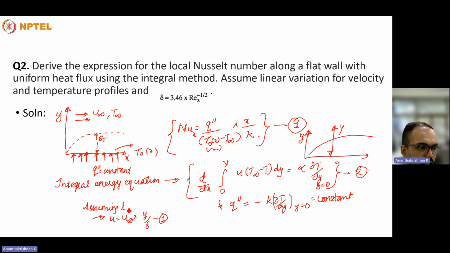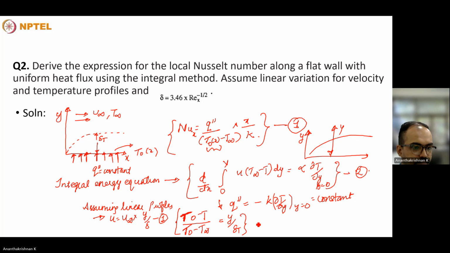Similarly for the temperature, the dimensionless temperature theta, T0 minus T divided by T0 minus T infinity, is equal to y divided by delta T. We assume that the heat flux is incoming towards the fluid, that is a positive value. So this is equation 3 and this is equation 4.